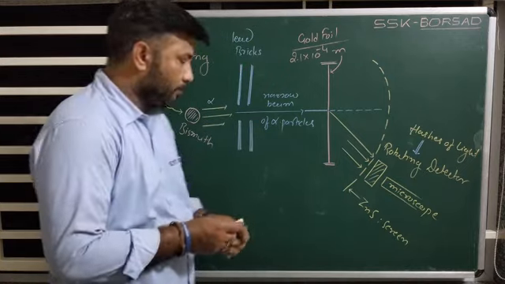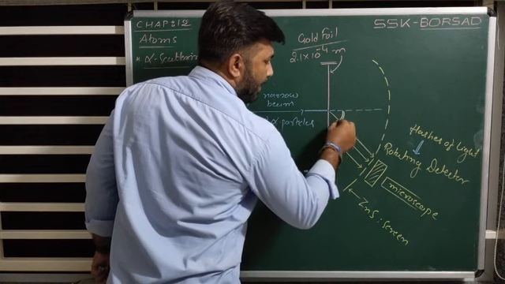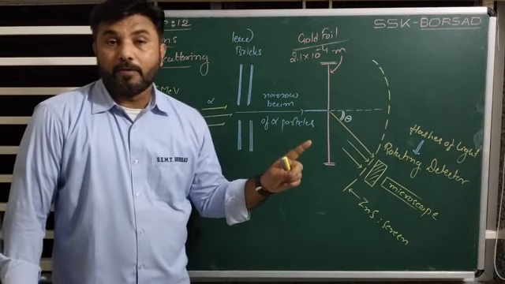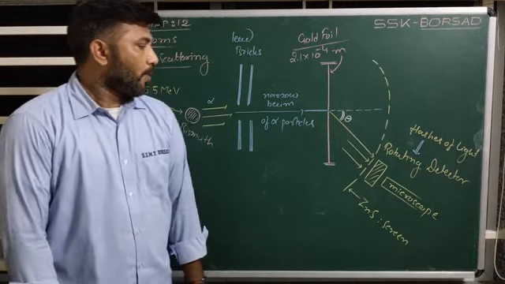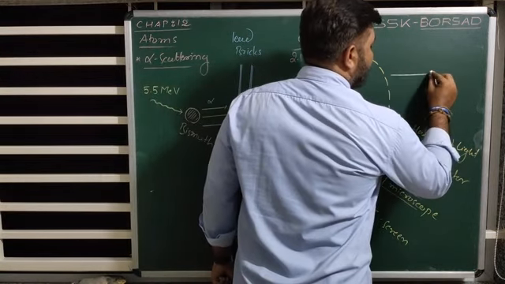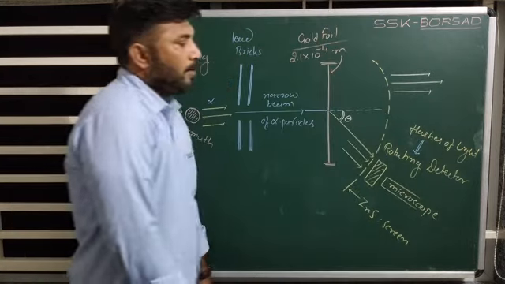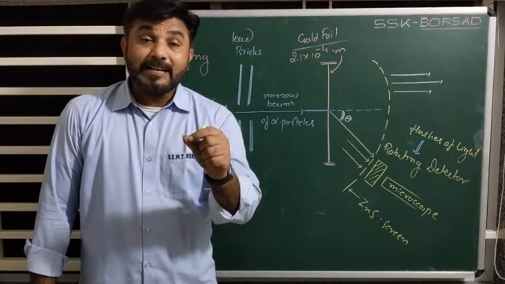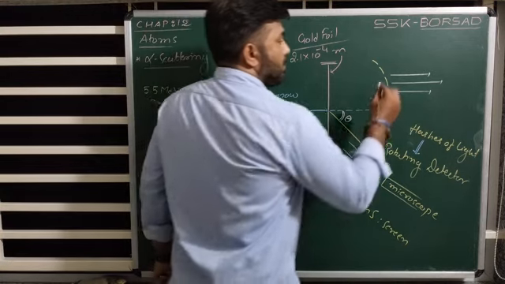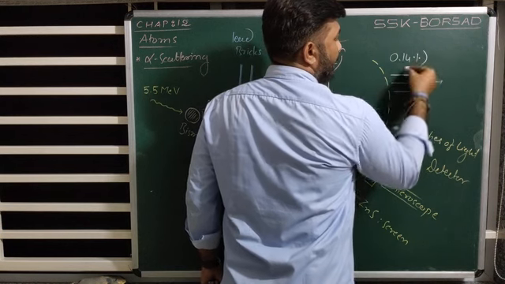Okay, now come back here. You will find that there is one angle theta. It plays a very important role in that conclusion. First of all, if you see the figure in our textbook, there are alpha particles in which scattering is very less, only 0.14% of alpha particles.